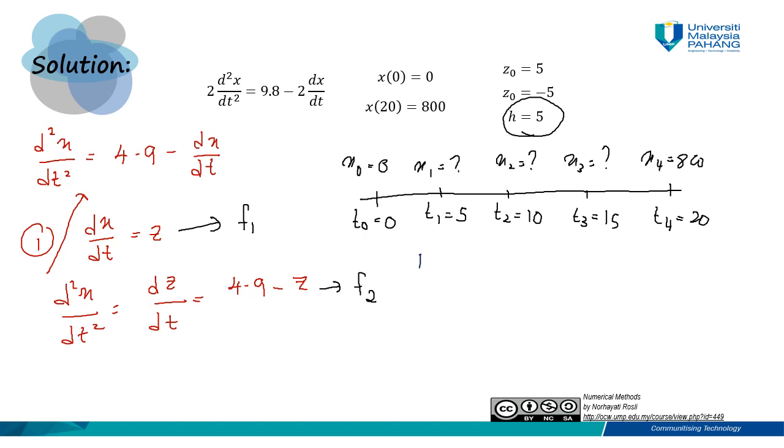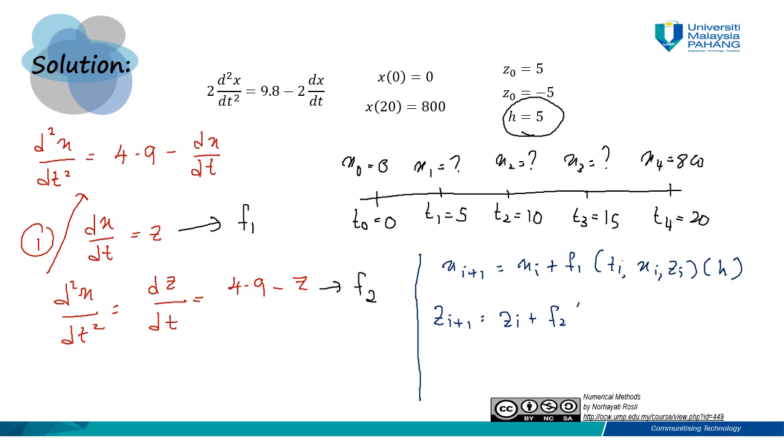The formula: x_{i+1} is equal to x_i plus f1(t_i, x_i, z_i) multiplied by h. Then z_{i+1} is equal to z_i plus f2(t_i, x_i, z_i) multiplied by h. And the last one, t_{i+1} is equal to t_i plus h. So this is the Euler formula for a system.